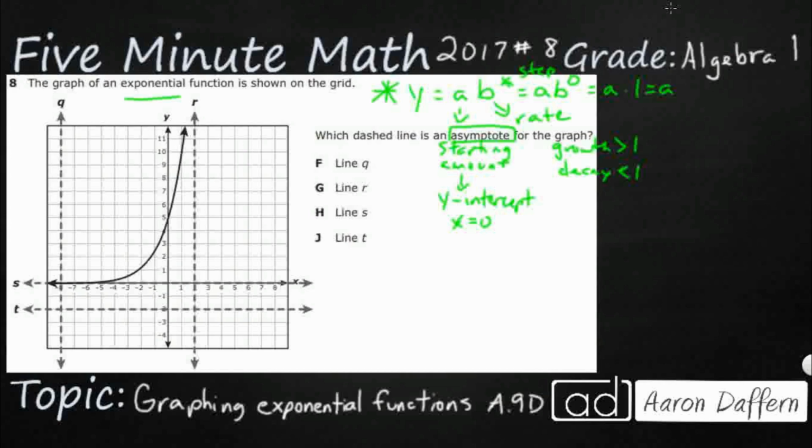Okay, so what is an asymptote? Well, simply put, an asymptote is a line that a curve continually approaches but never reaches.